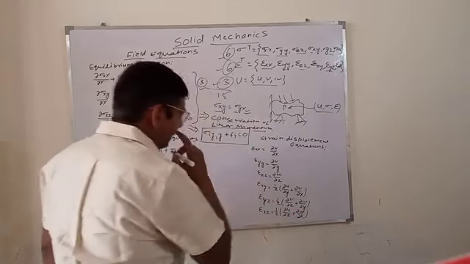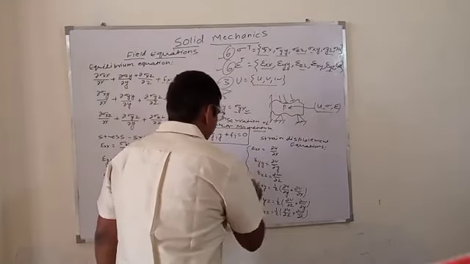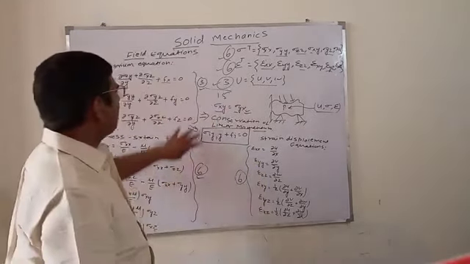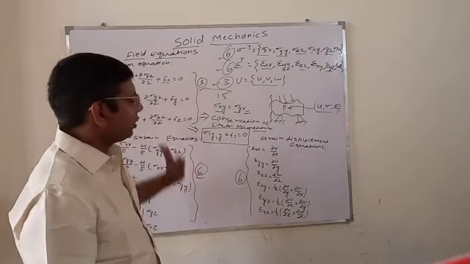These are the 6 equations we get from here. So the total number of equations is now 3 plus 6 plus 6, that is 15, and the unknowns are also 15.